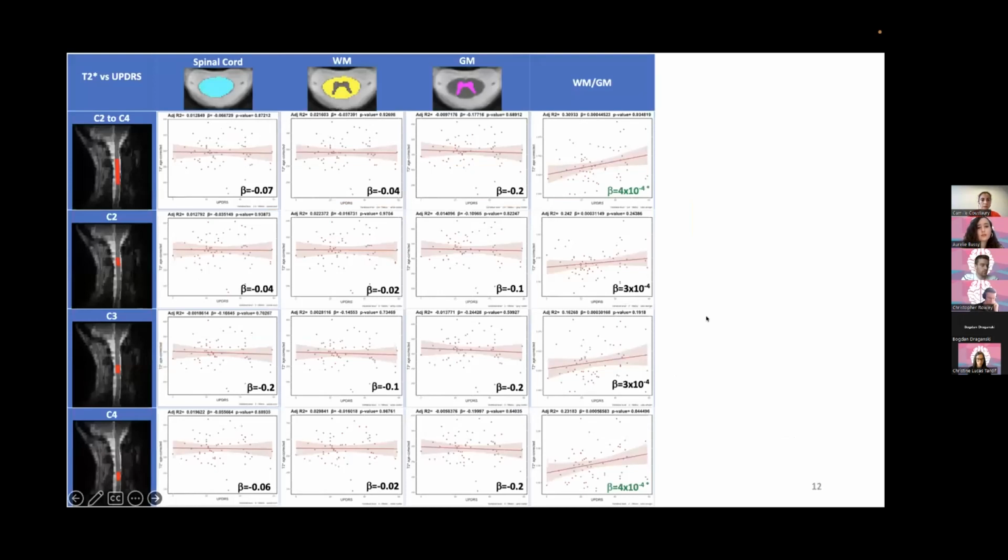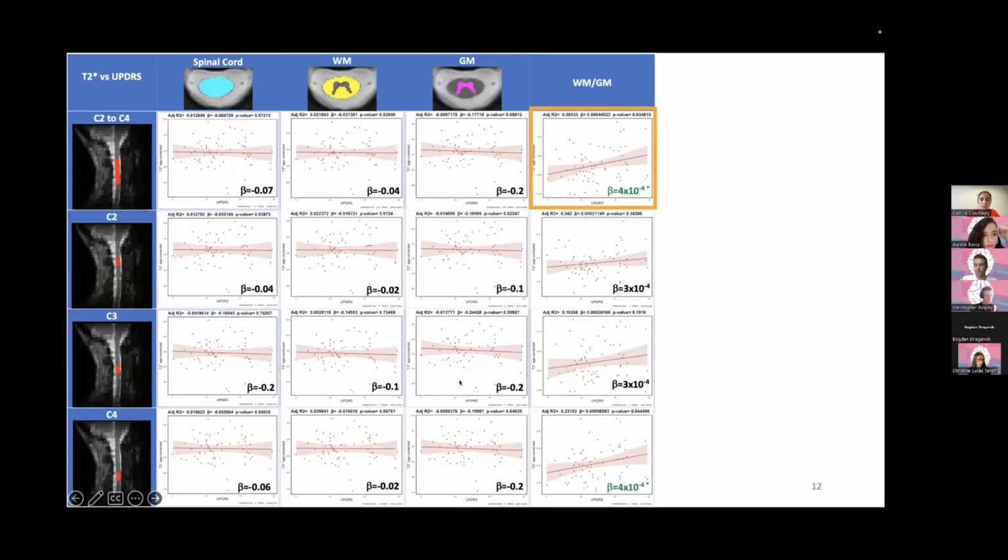So having that in mind, we used this regression model for each metric we extracted in each region of interest. Here in line, you have the vertebral level where we extracted the metrics, and in column, each region of interest: the spinal cord, the whole white matter, the whole gray matter, and the ratio between white matter and gray matter.